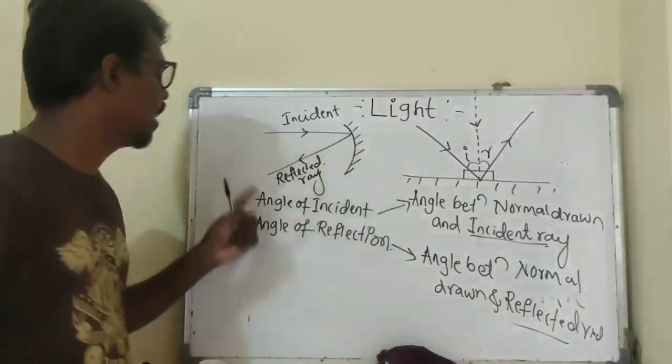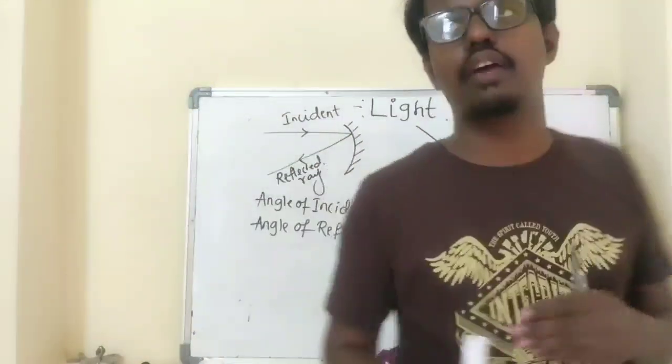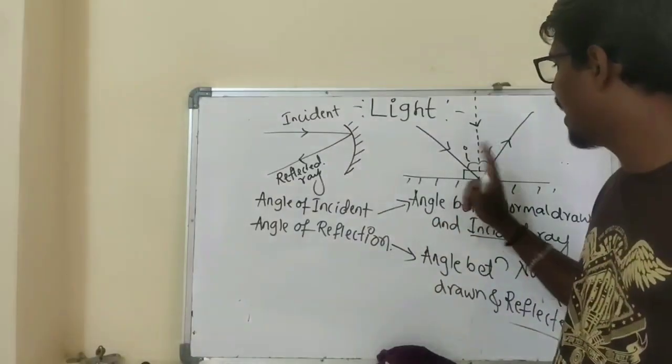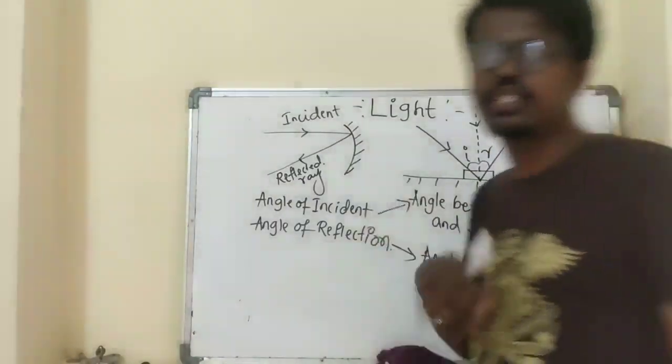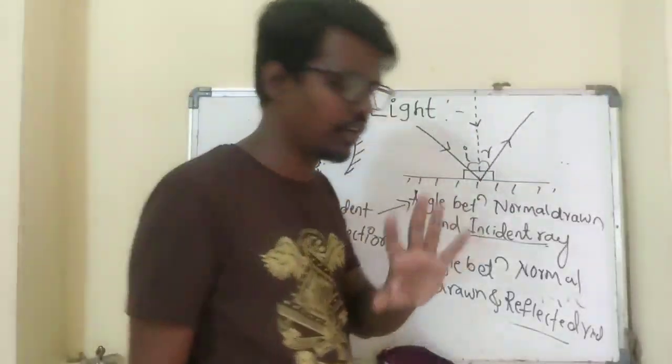So these are the angle of incident and angle of reflection. Now we have clarity about i and r. From now onwards, i means angle of incident, and r means angle of reflection.